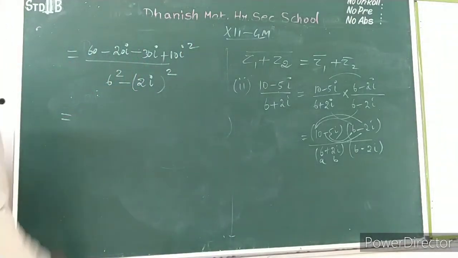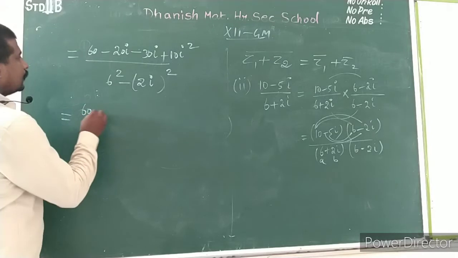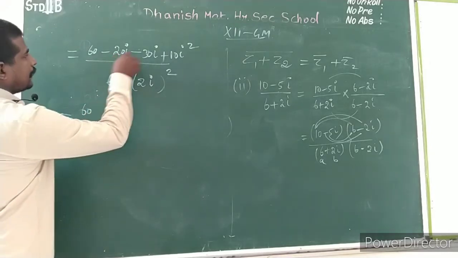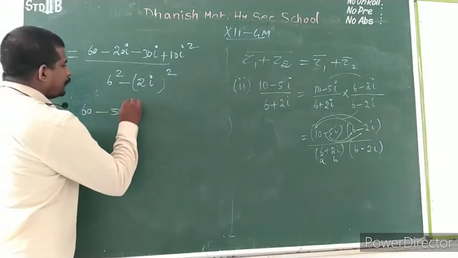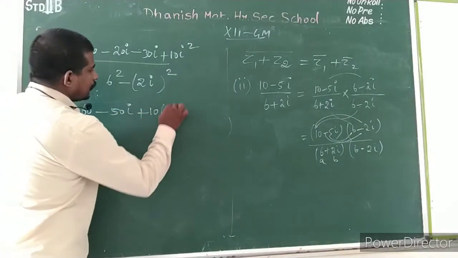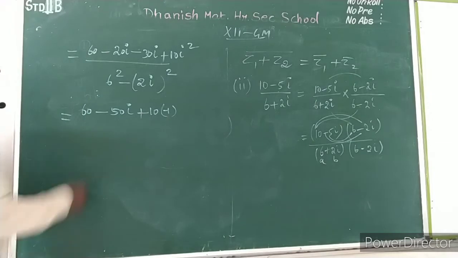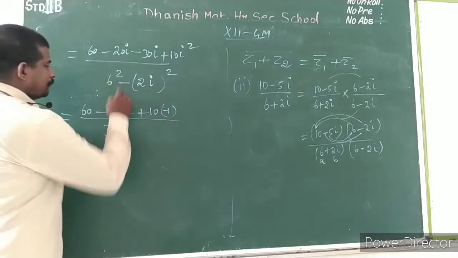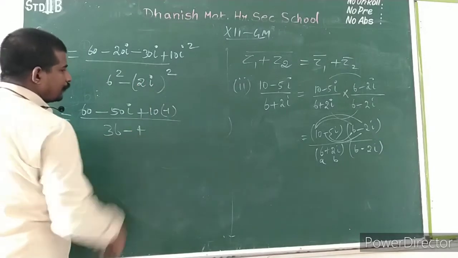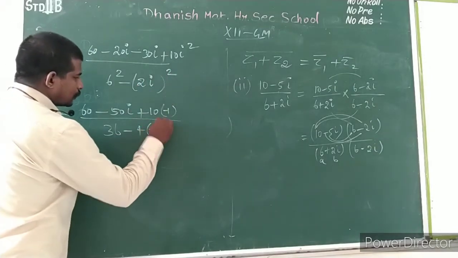Now, the next step would be 60. Here we are having minus 20i minus 30i, so it will become minus 50i, plus 10 into i square, which is minus 1, divided by, here we are having 6 square, that is 36, minus 2 square is 4, i square is minus 1.